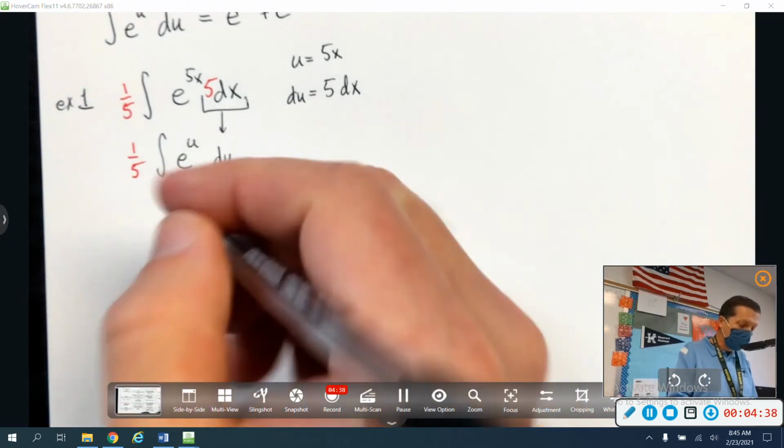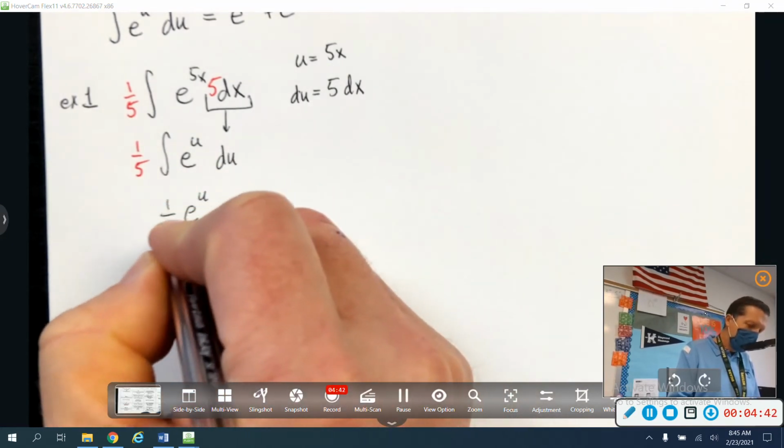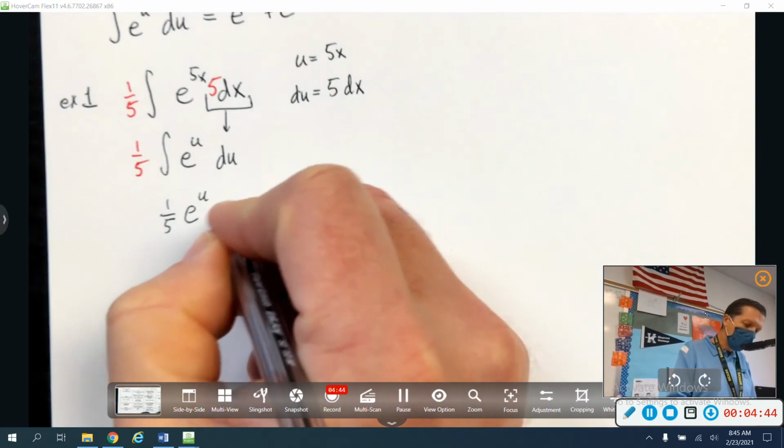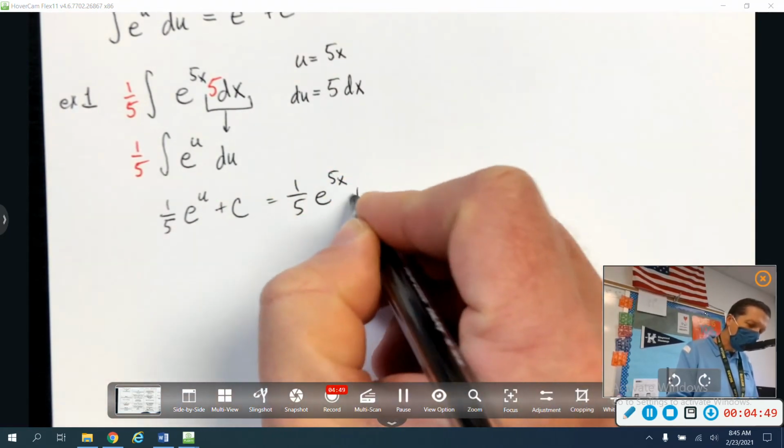And the integral of e to the u du is just e to the u. So 1/5 e to the u plus c, which is 1/5 e to the 5x plus c.